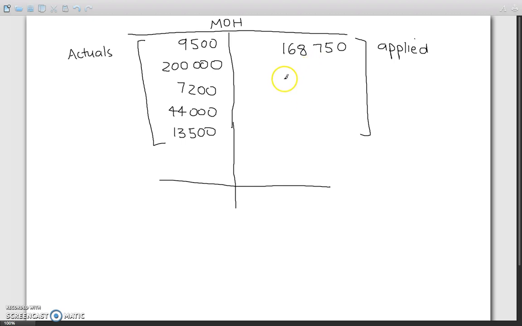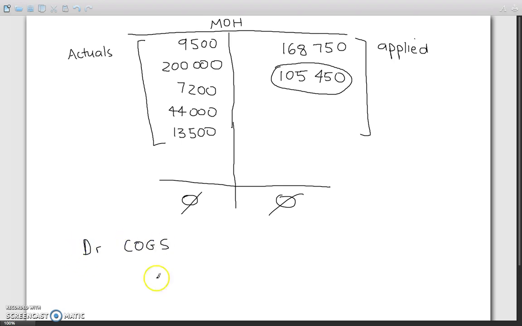So in order to balance it out, you want to credit MOH by 105,450. This is what you want to credit MOH by in order to balance these two sides out, right? So the journal entry for this is going to be debit cost of goods sold and credit MOH, as over here.